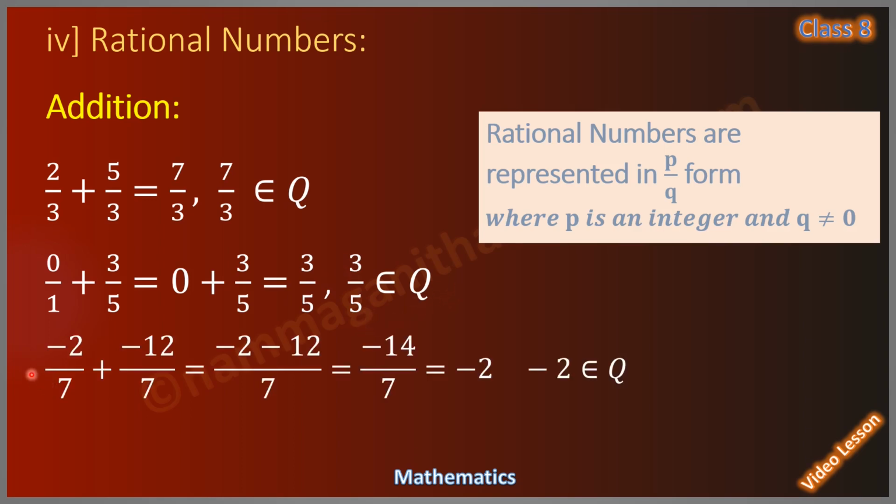Third example, minus 2 by 7 plus minus 12 by 7. Minus 2 by 7 and minus 12 by 7 belong to Q. Then their sum, minus 2 by 7 plus minus 12 by 7, is equal to minus 2 minus 12, since plus into minus is minus, divided by 7.